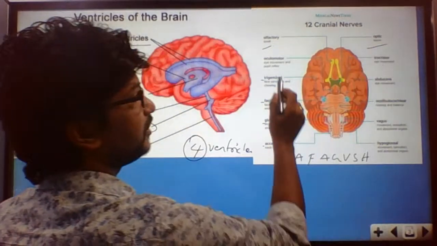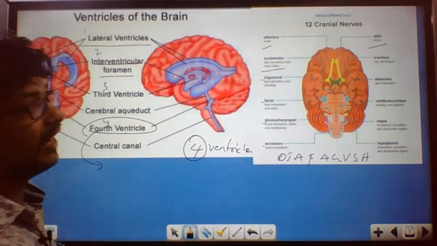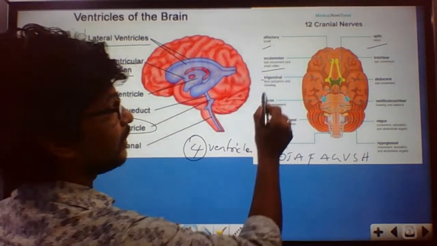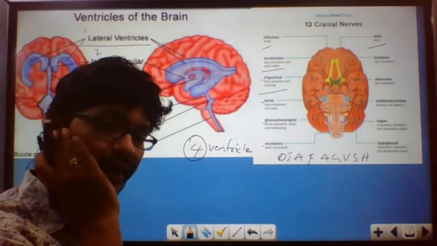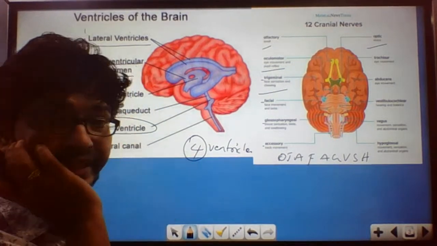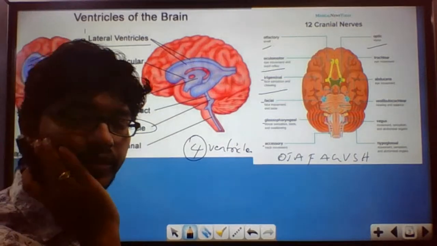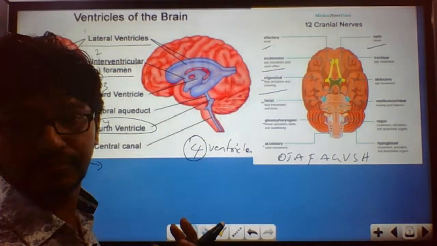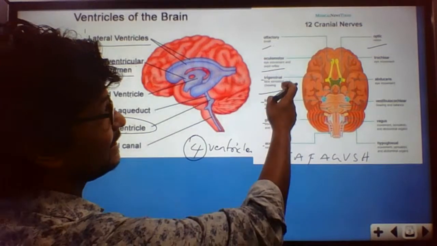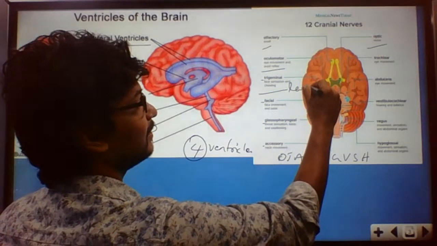Optic is for vision. Oculomotor is for eye movement and the pupil reflex. Trigeminal is for face sensation. When someone slaps your cheeks or face, you sense it. When you have a toothache, you feel pain here also, right? This is trigeminal. So this is the larger nerve.